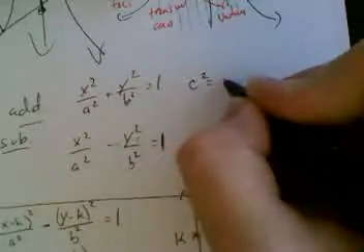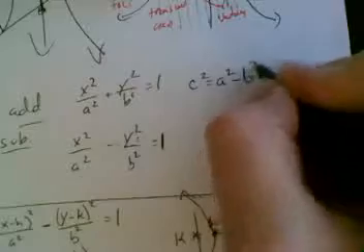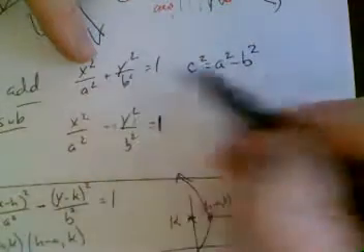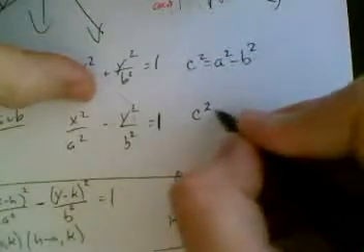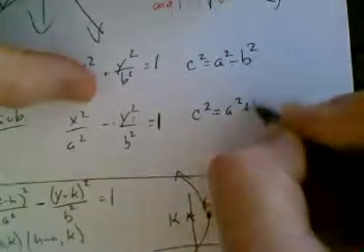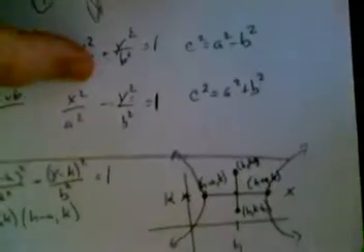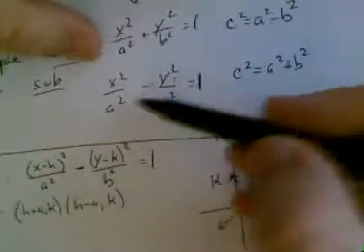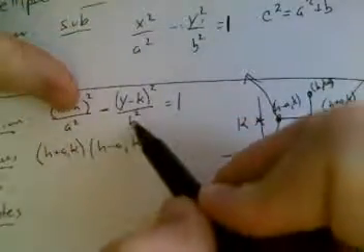Well, just like up here, when I had c squared equal to a squared minus b squared, with this I told you there's a plus sign here, so I should have a minus sign here. The hyperbola is actually c squared is equal to a squared plus b squared. So now I'm going to be able to find my c value based on the hyperbola with this a and this b value.